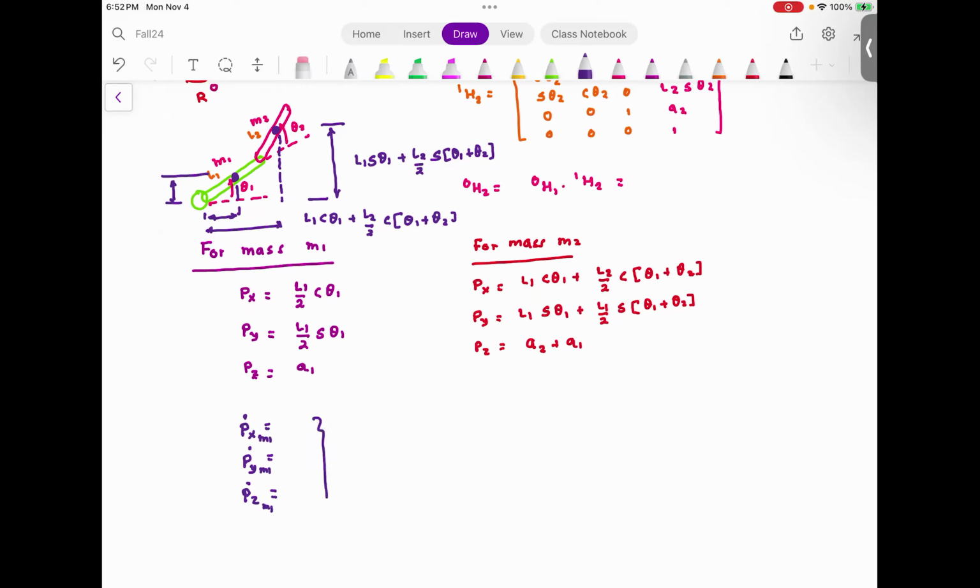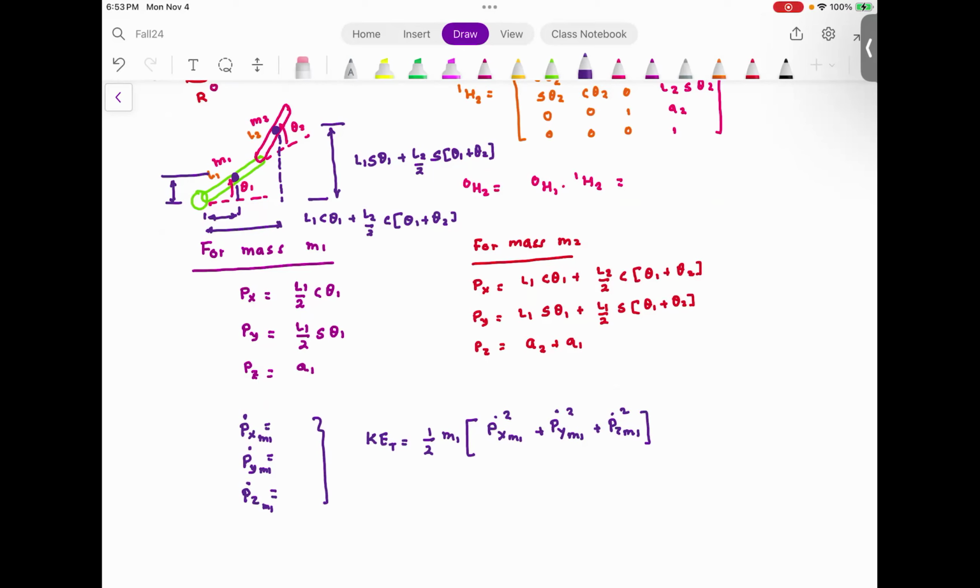You can use this information to find out the translational kinetic energy. So kinetic energy of translation is going to be 1/2 M1 Px M1 dot square plus Py M1 dot square plus Pz M1 dot square. That is the kinetic energy of translation for the first mass.